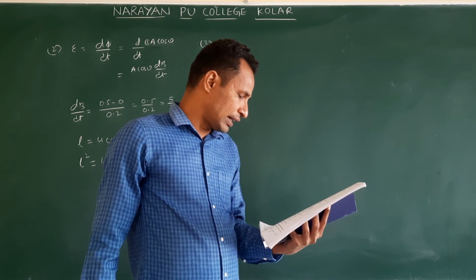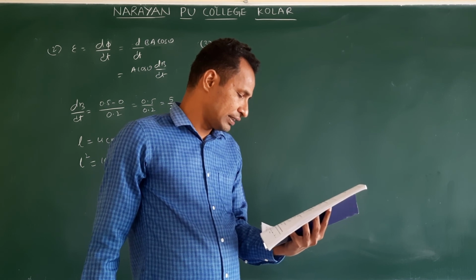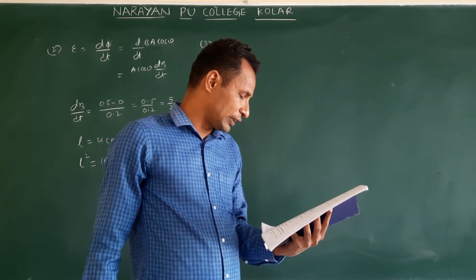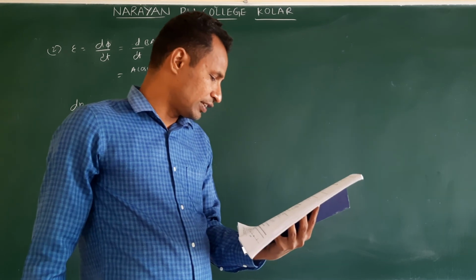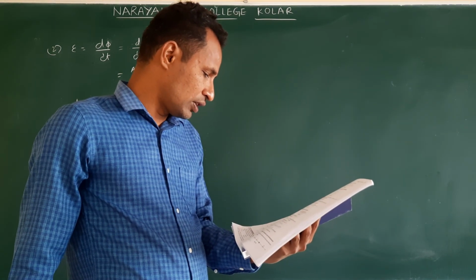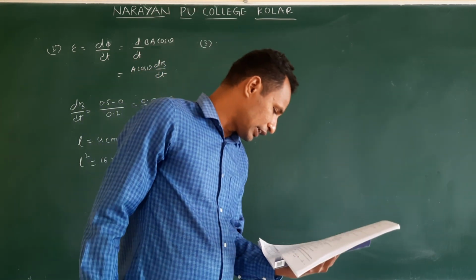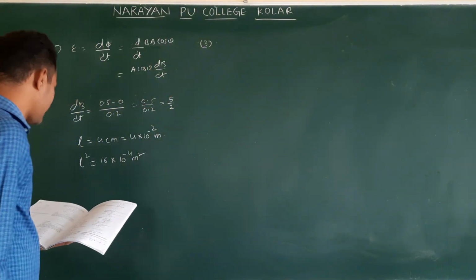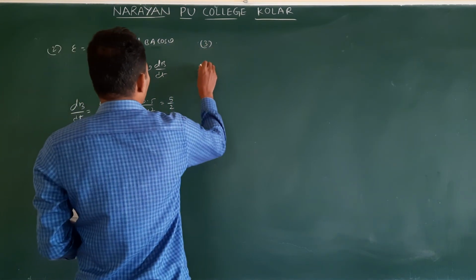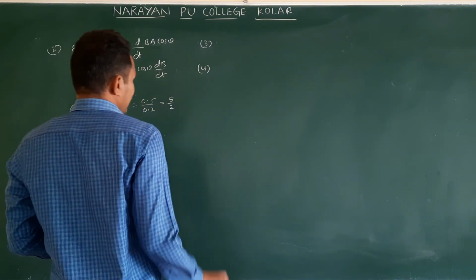The connector slides towards the right with a uniform velocity v. The induced current generated in the loop, in terms of distance R of the connector from the straight conductor, they are asking. So this is question number 4. Current they are asking. How do you write?